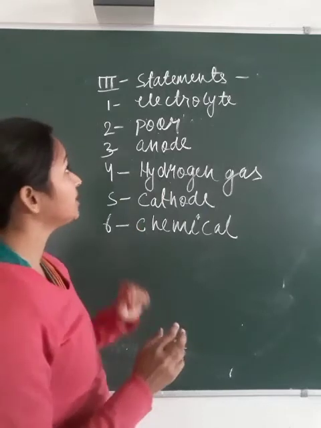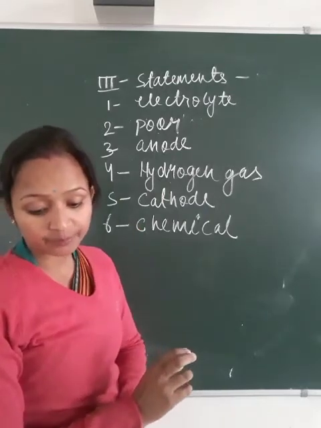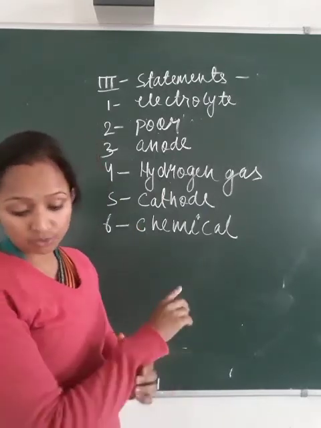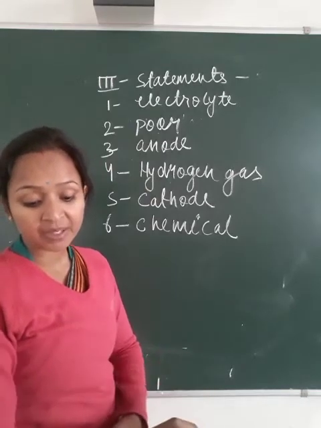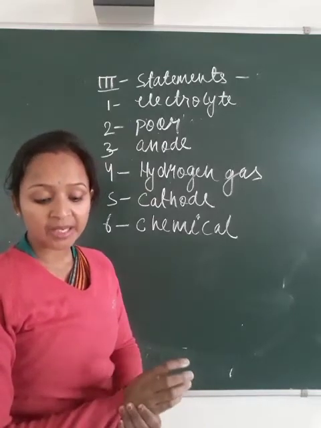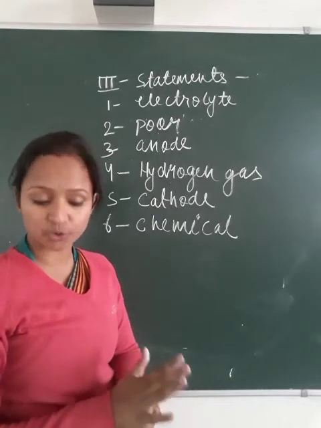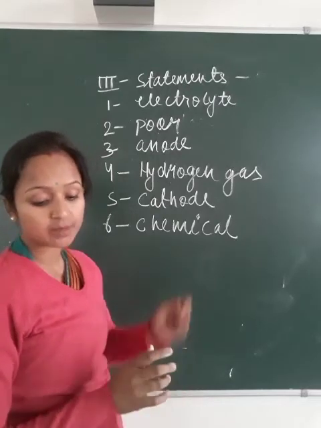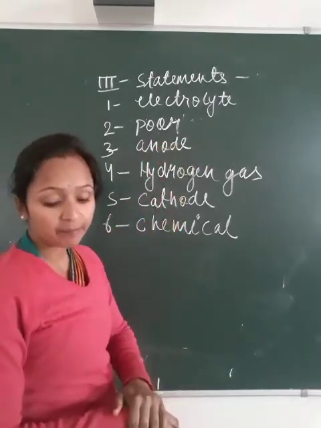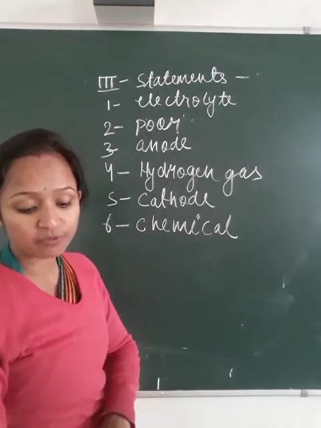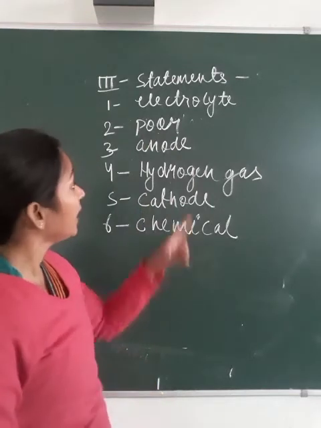So these are the statements. In first one, in place of non-electrolyte you have to write electrolyte: addition of sodium hydroxide in distilled water makes it electrolyte. Petrol is a poor conductor of electricity. During electrolysis of water the oxygen gas collects at the anode.